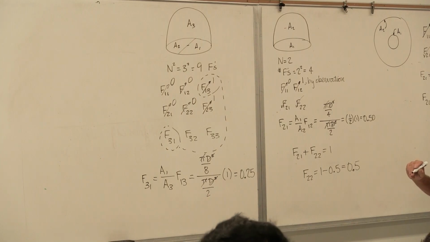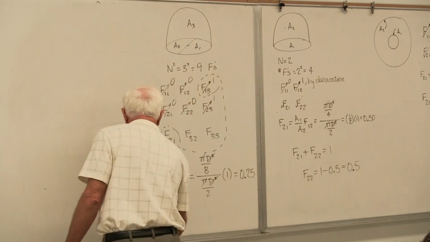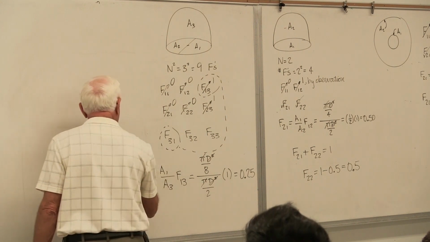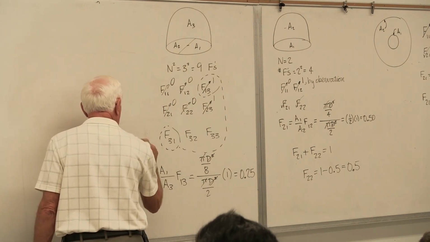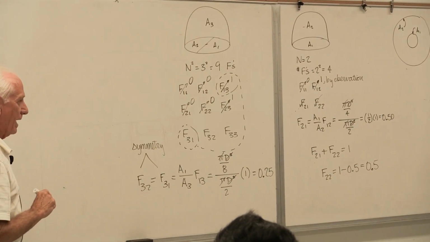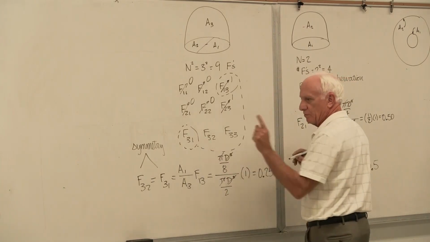Then I say, you know what? By symmetry, F31 has to be equal to F32. So F32. How? Symmetry. Now I say, okay, now I know everything in the third row except one view factor.